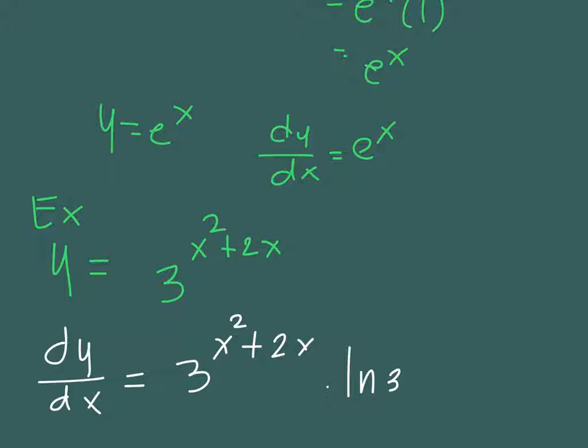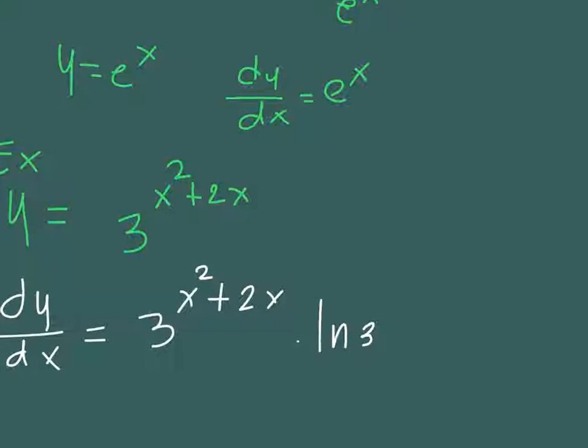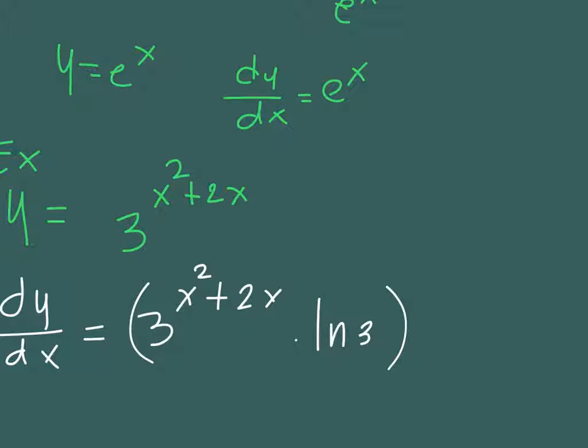However, like the chain rule, we still have to multiply this by the derivative of the x squared plus 2x, which is 2x plus 2. Chain rule pa rin.